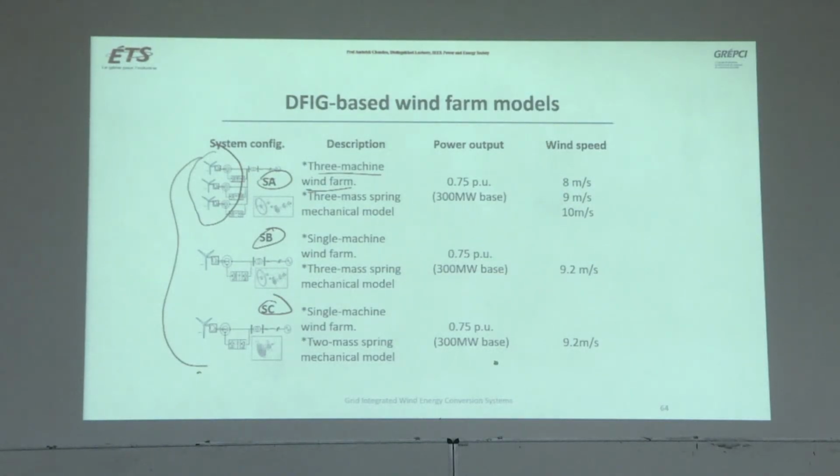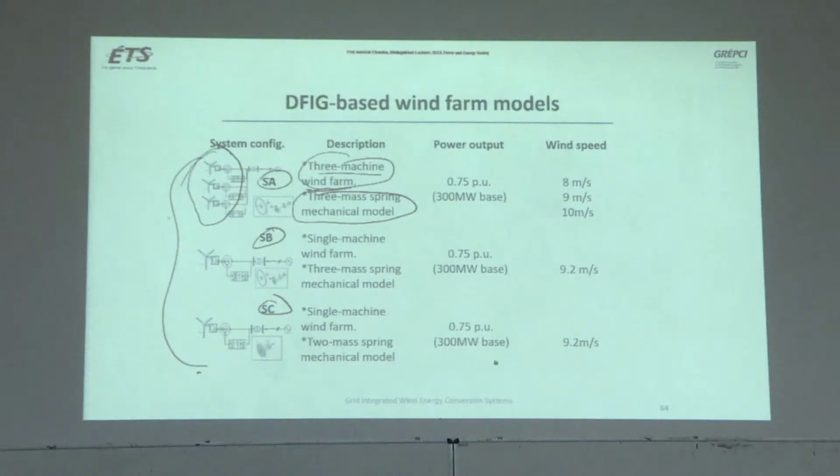Otherwise, many researchers consider the wind farm as 1 machine, so why bother about modeling everything so minutely? But he took a 3 machine wind farm, and a 3 mass spring mechanical model also.